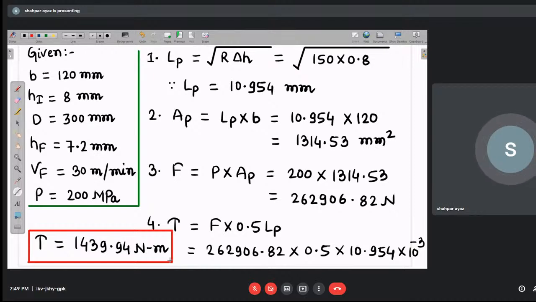Very good. Everyone tell me, till this point, everything is clear? Each and every step: projected length, projected area, rolling force, rolling torque. Clear or not?